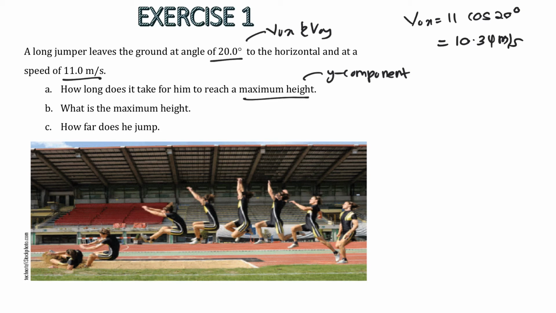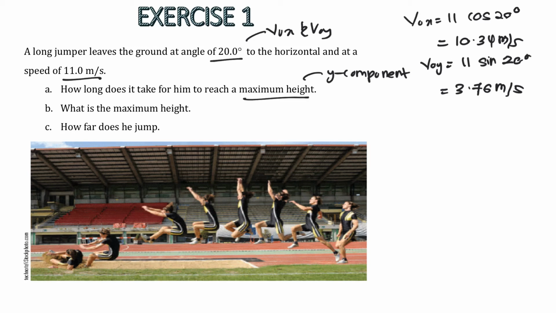And for the V naught y, you're going to get 11 sin 20 degrees. So 11 sin 20, you are going to get 3.76 meters per second.